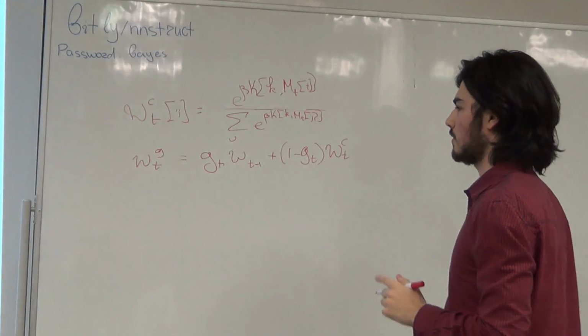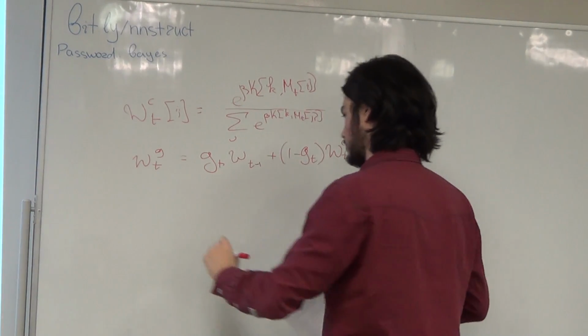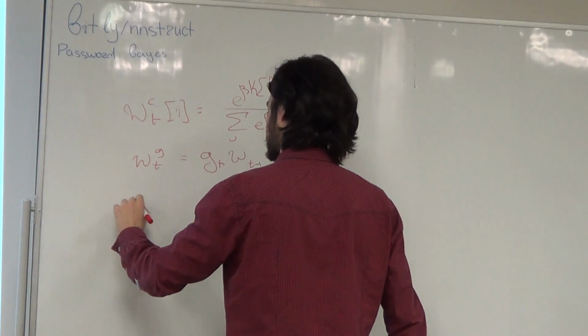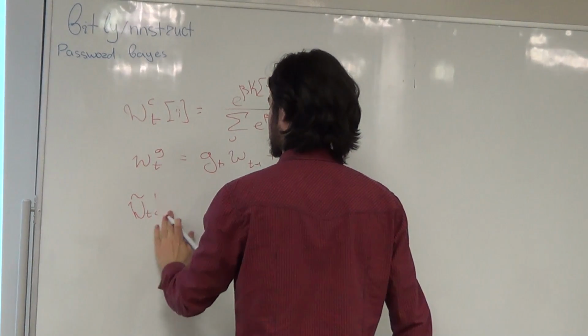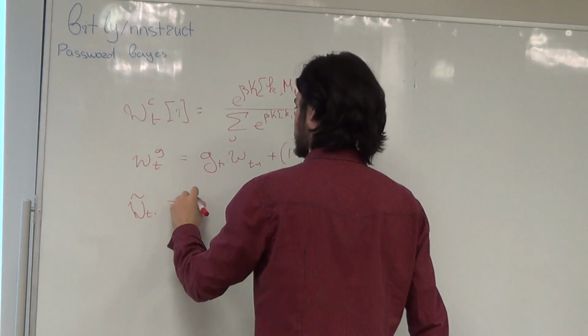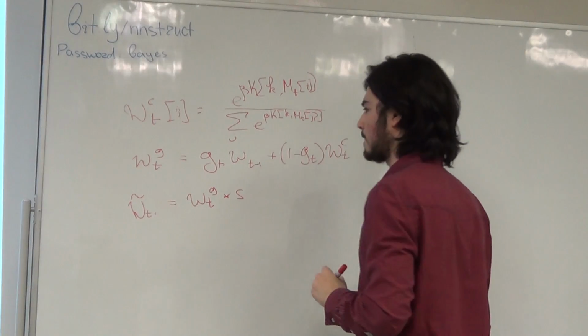Now we perform the indexing. For this we do the following: w_t tilde at i equals w_t^g convolved with S.